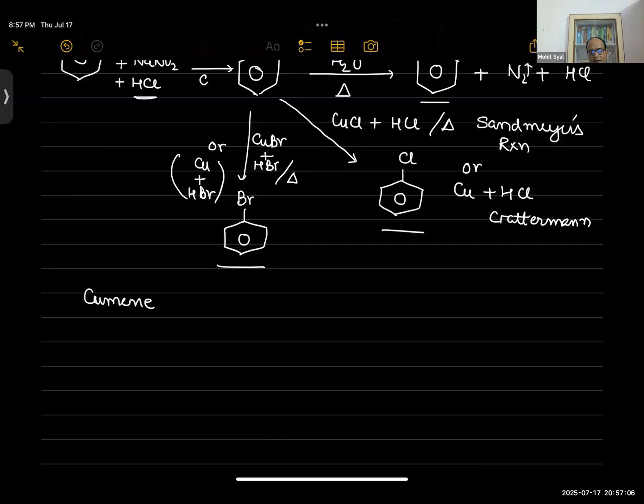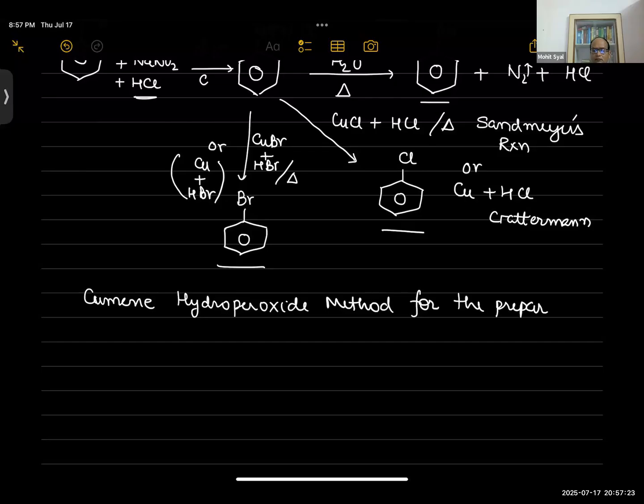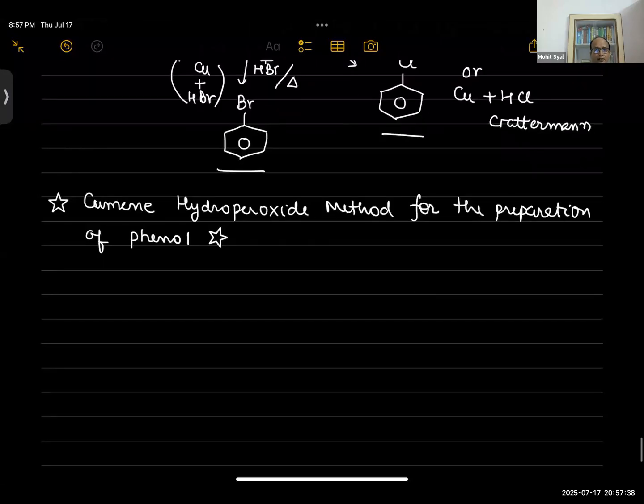Cumene is a common name for, very, very important reaction, so cumene is a common name for what?